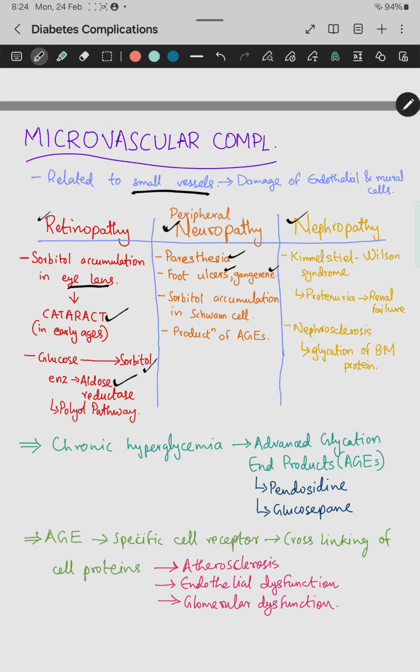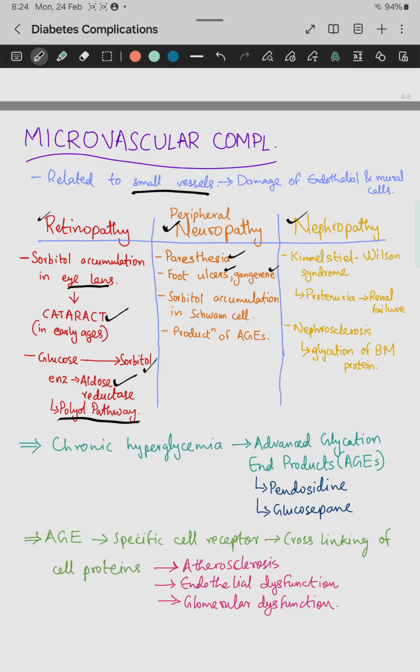Sorbitol accumulation is due to the increased polyol pathway, which we discussed just now. Sorbitol accumulates in Schwann cells, which causes paresthesia. Paresthesia means tingling sensations in the fingers or foot. So that is paresthesia, foot ulcers, gangrenes.